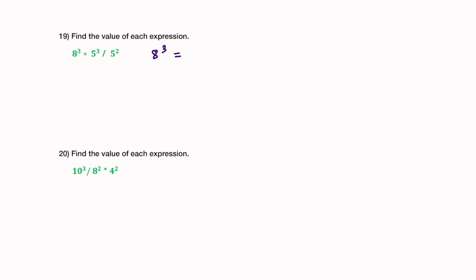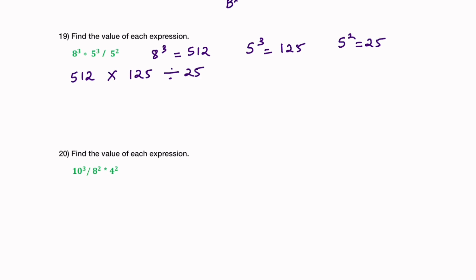8 cube is 512. 5 cube is 125. And 5 square is 25. So this is 8 cube, that's 512, multiplied with 5 cube, that's 125, divided by 5 square, that's 25. So it's BODMAS, right?